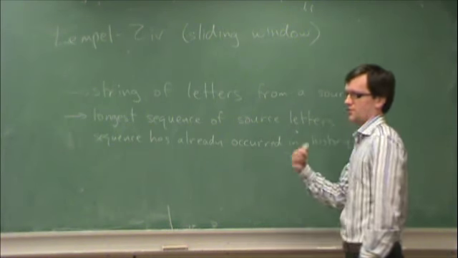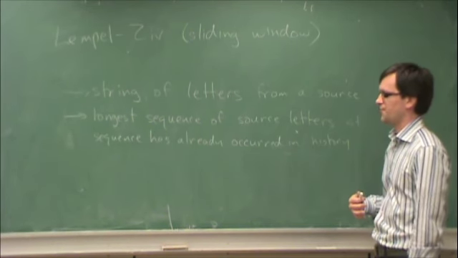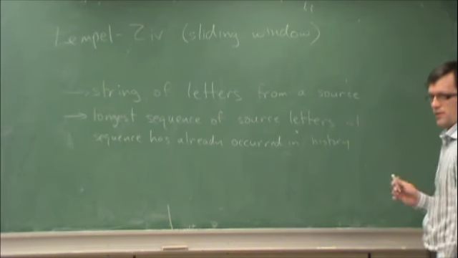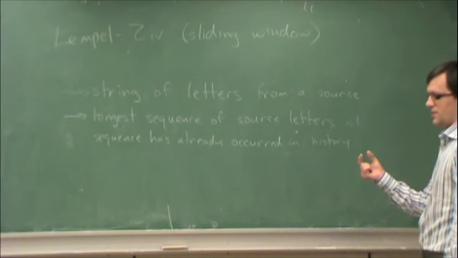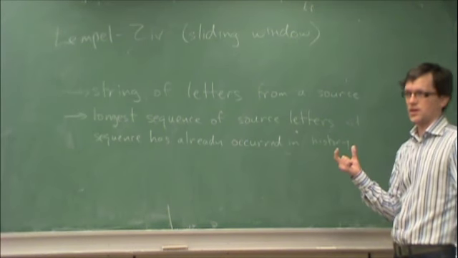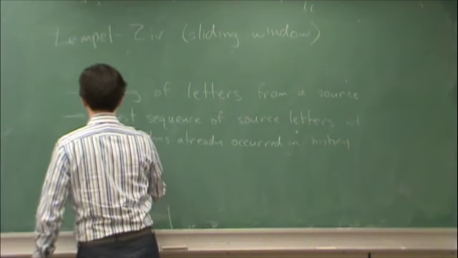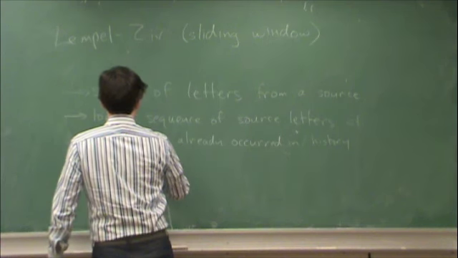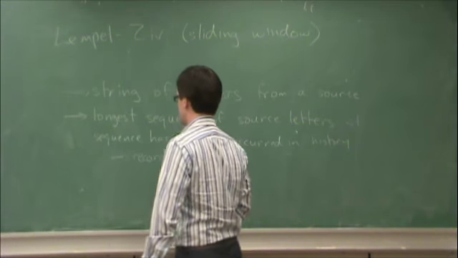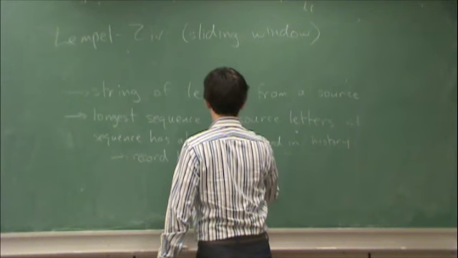So in other words, letters are coming in. We're remembering letters that go back over a particular window, and as letters come in, we're going to wait until the longest string has arrived that has already occurred. For each such sequence, we will record the length of such a sequence and the position in history.